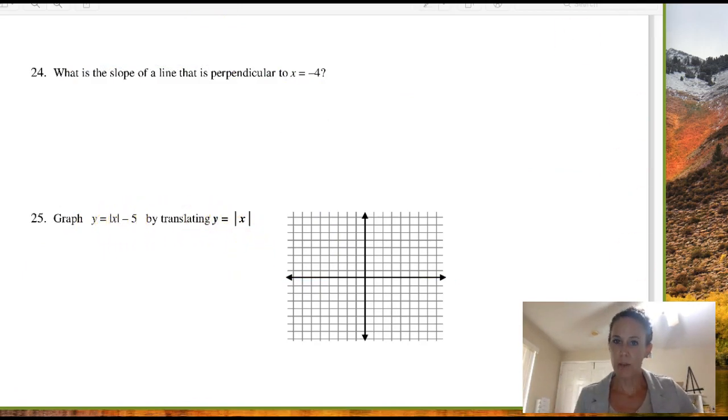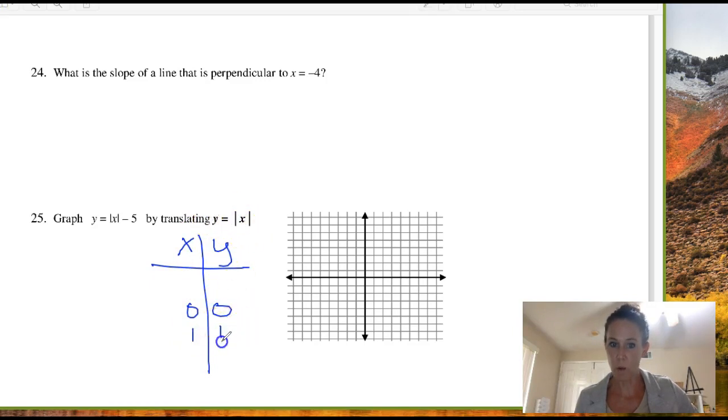Now, if you did the Desmos activities, you should know y equals the absolute value of x. If I just plotted points, remember absolute value gives you only positive values. If I plug in 0 here, I get out 0. If I plug in 1 here, I get out 1. The absolute value of 2 is 2, but it's the negatives. If I plug in -1 for x and I take its absolute value, I get out a positive. -2 for x, I get out +2.